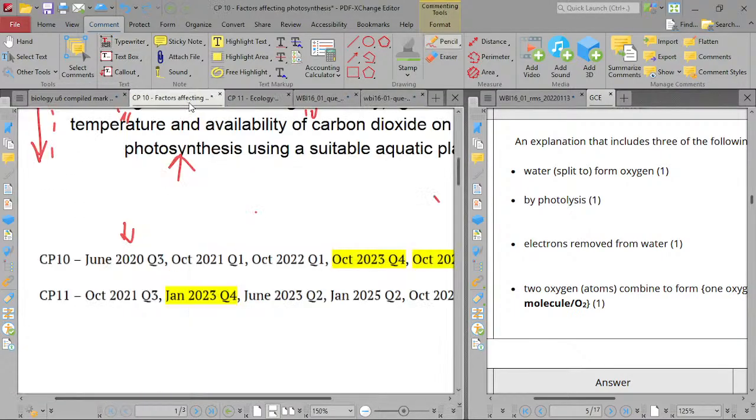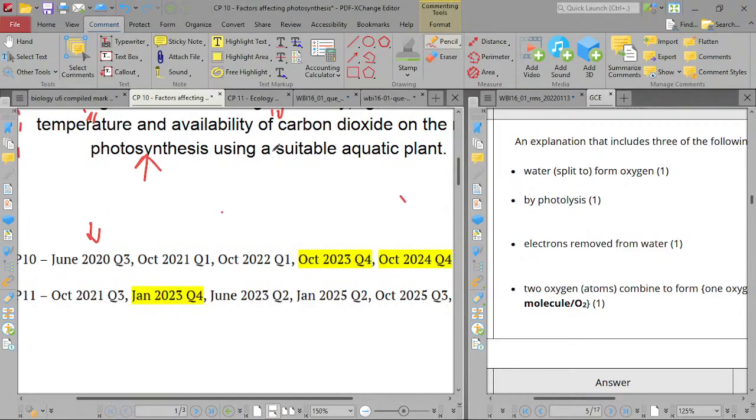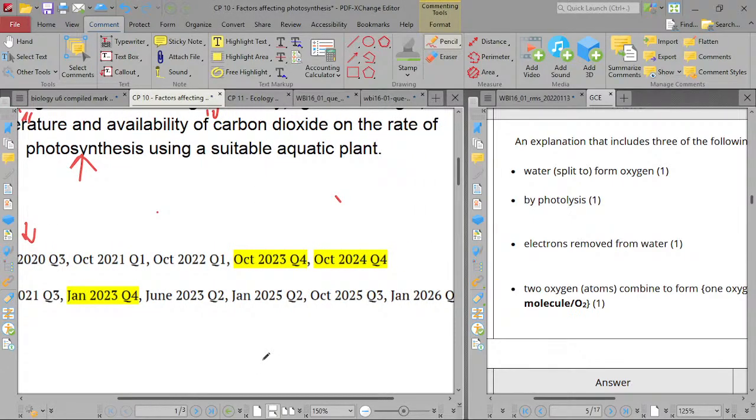Next we have, let's just check October 23 and 2024 because I'm pretty sure there's probably that secondary question. So October 23. October 24.